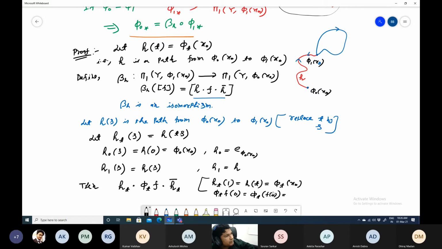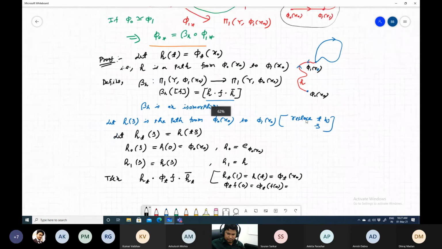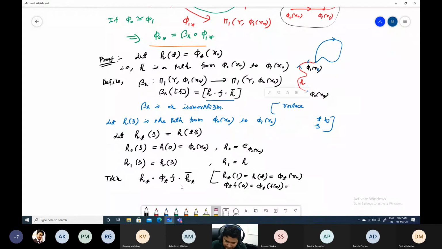Phi composed with f. What do you mean by phi t f then?